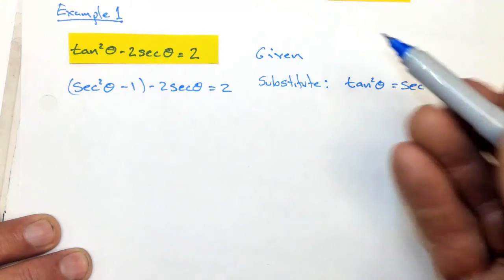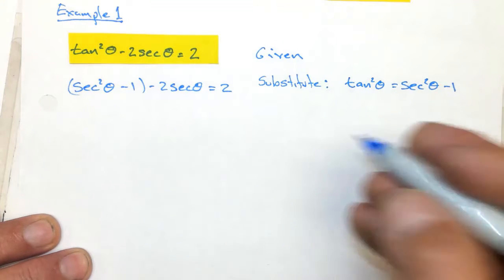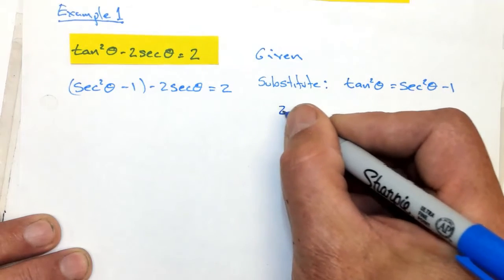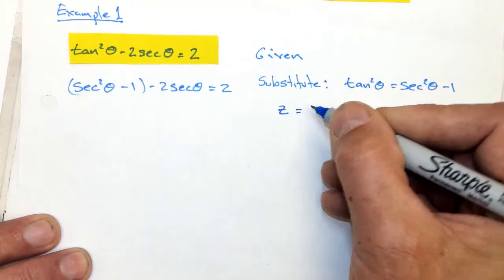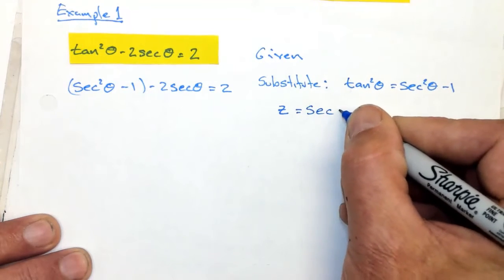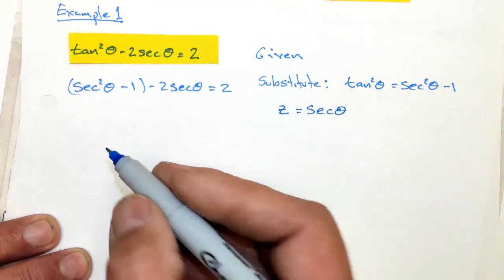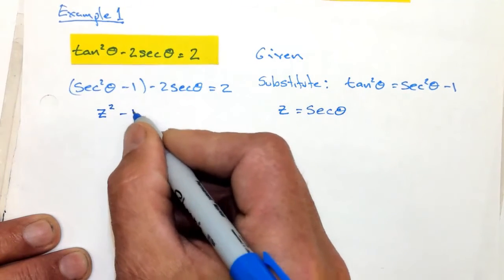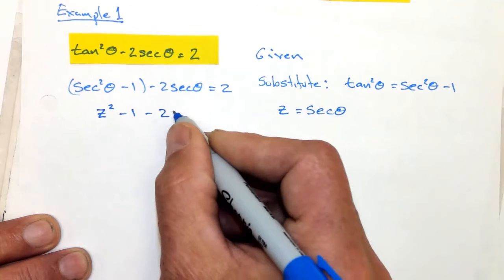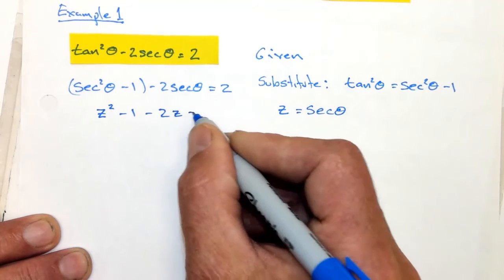Since x and y are usually cosine and sine, I'm just going to use a z. So z equals the secant of theta, so that I can change to a different variable and make it easier. So that's z squared minus 1 minus 2z equals 2.